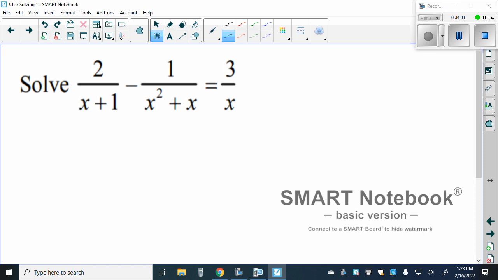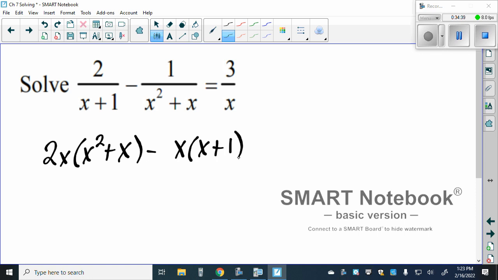Because what we would end up having is 2x times x squared plus x minus x times x plus 1 is equal to 3x times, we wouldn't have the x, yes, this here.